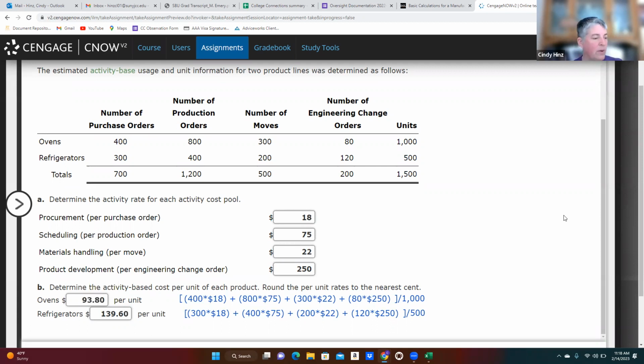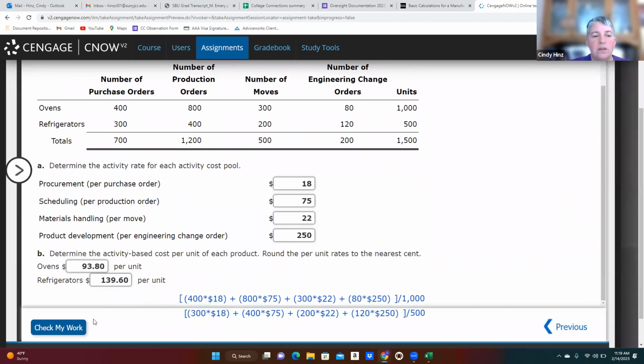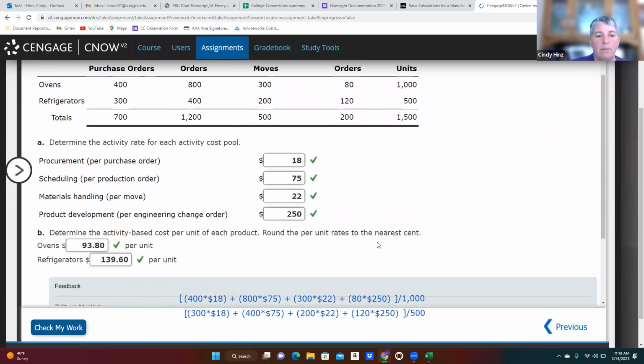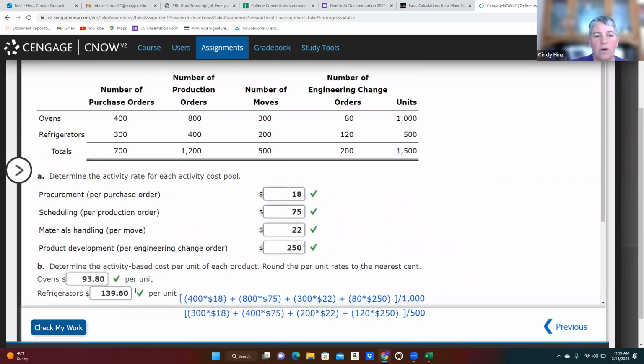And again, as I already pointed out, the reason the refrigerators are so much higher than the ovens is because the refrigerators are a heavy user of the most expensive activity, which is engineering change orders at $250 each. So that's why you see that difference between the overall cost of ovens and refrigerators.